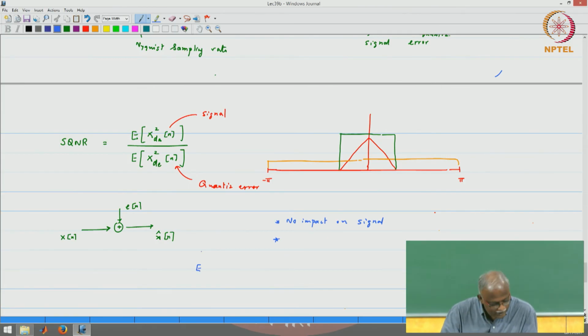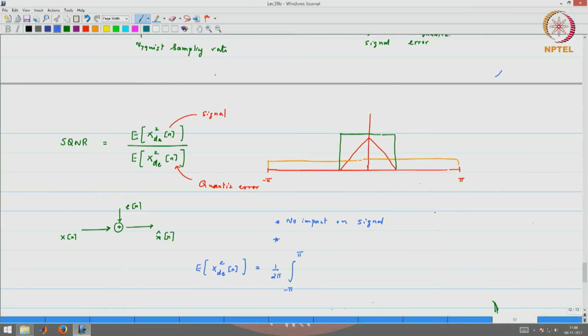So, basically the expected value of x dE of n squared will be 1 over 2 pi integral minus pi to pi, the range is sigma E squared, wait a minute, it is actually minus pi over m to pi over m, that is the part that is retained, d omega.